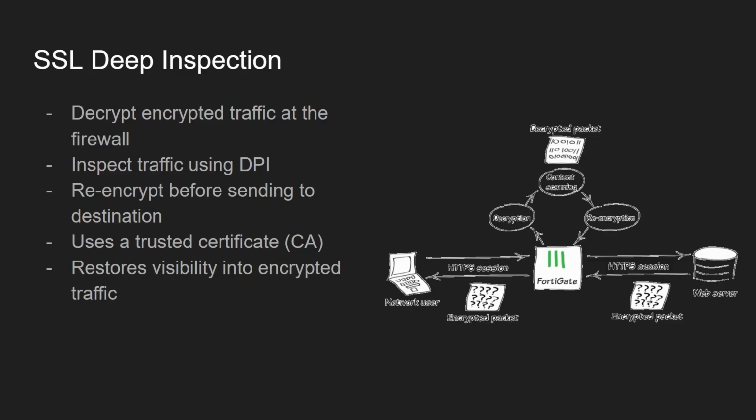To actually accomplish this, the firewall needs to be trusted by the client. This is where certificates come in. The firewall uses a CA certificate to generate the cert for the site that the user is visiting. As long as your client trusts that CA cert, the process is nice and easy. We have a few different options here that we'll go over, right?